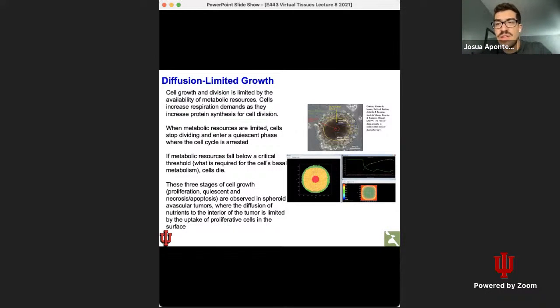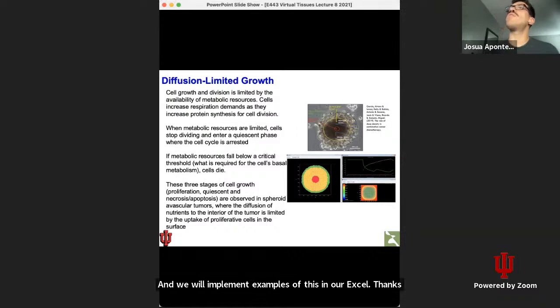And if the availability of those resources falls below a certain threshold, then cells can actually die due to lack of metabolic resources. We will implement examples of these three types of cell proliferation states in our next example.